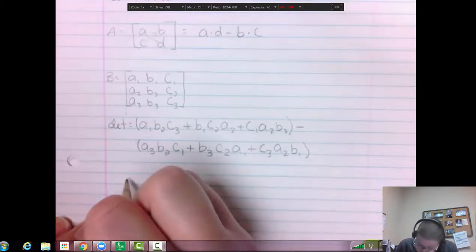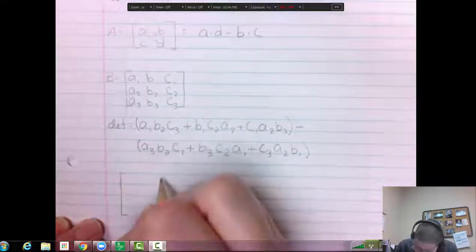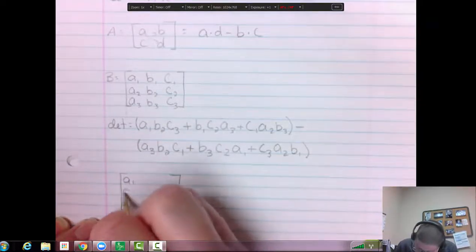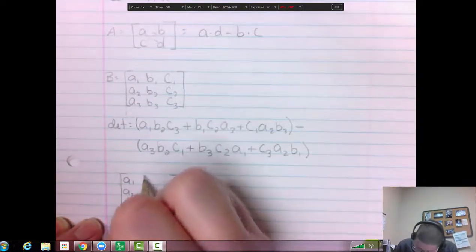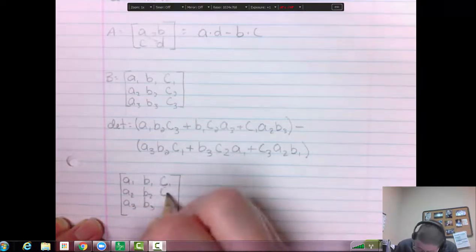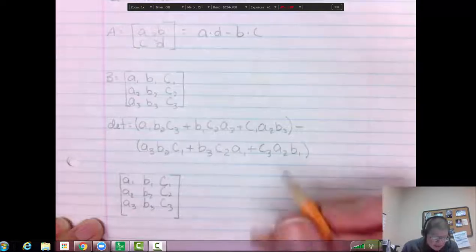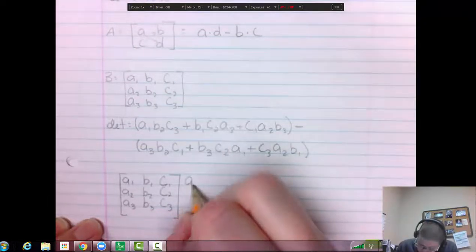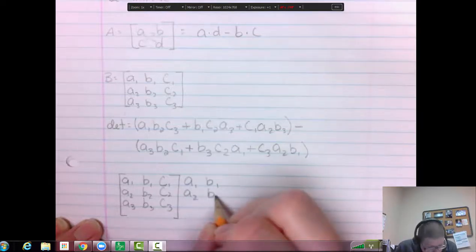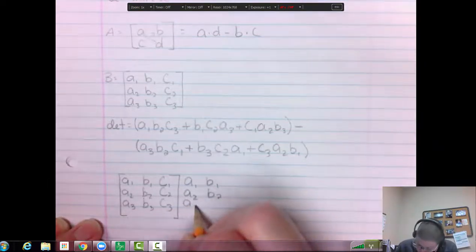So here's what I could do. I can take our regular matrix, and that's just A1, A2, A3, B1, B2, B3, C1, C2, C3. And I am actually going to write out A1, B1, and A2, B2, and A3, B3.